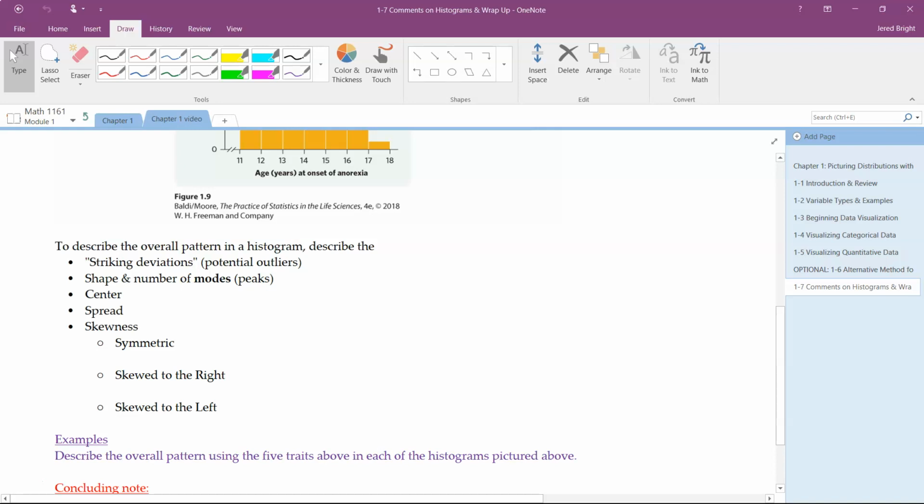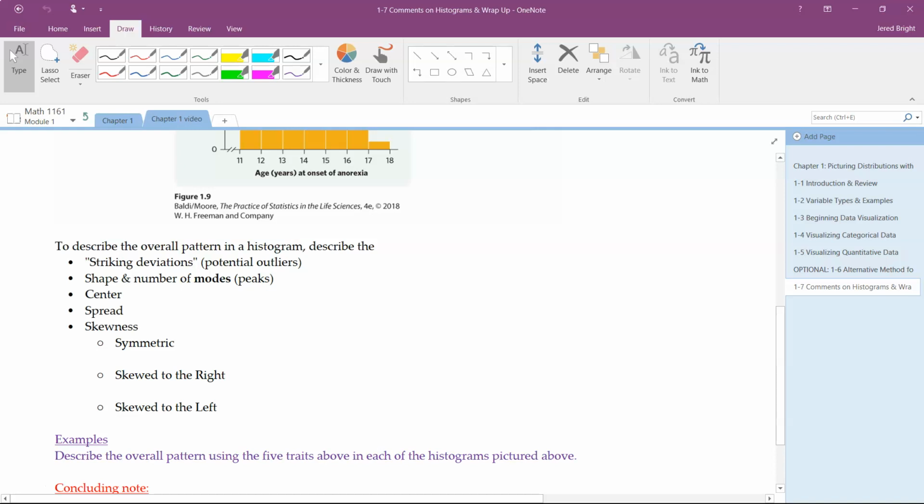And the last thing that we want to discuss is this idea of skewness. Skewness might take a moment for you to think about, but in absence of skew, we would say it appears symmetric. So you could fold it down the middle and it would mirror itself.